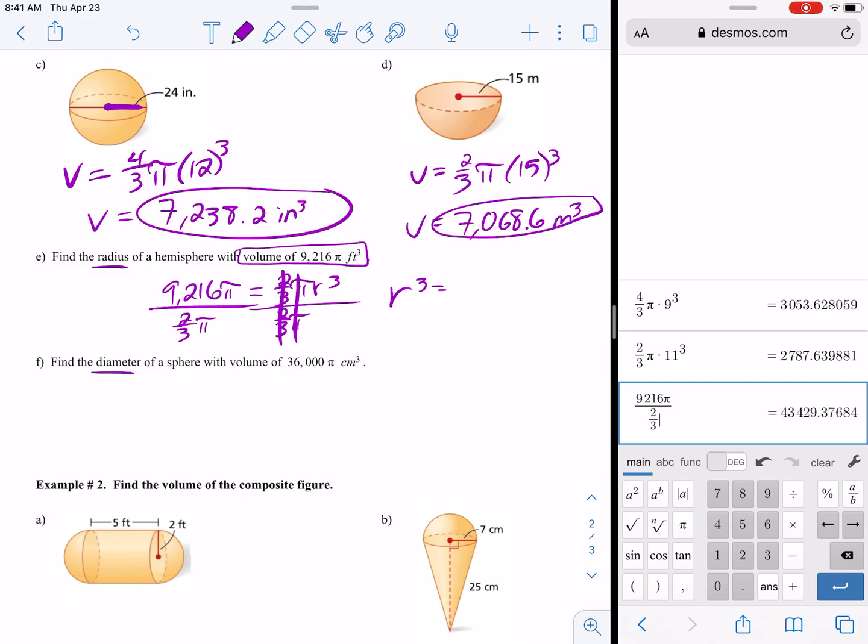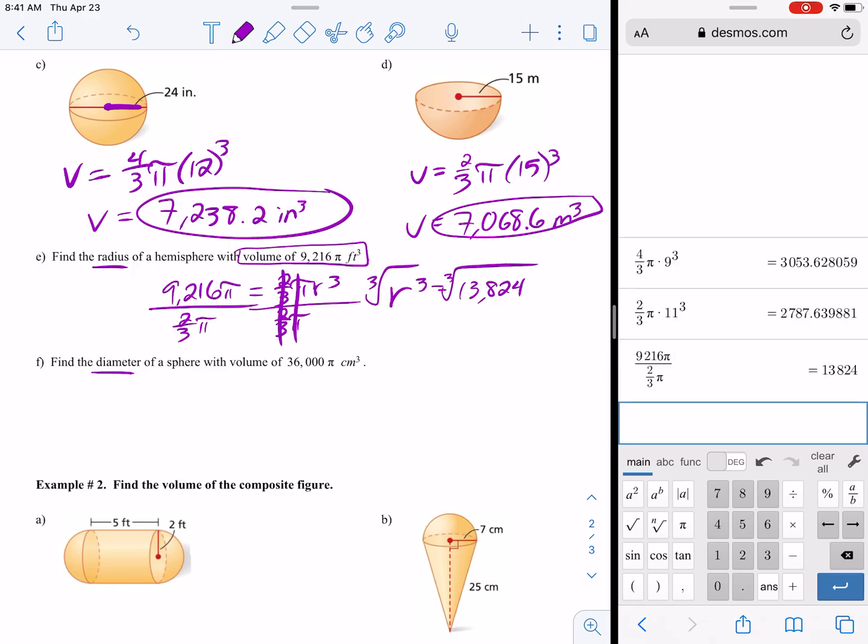And we are left with 13,824. Then just like removing a square by taking the square root, removing a cubed, we would take the cubed root, and on your calculator, the cubed root option's right there, 13,824. We get a radius of 24 feet.